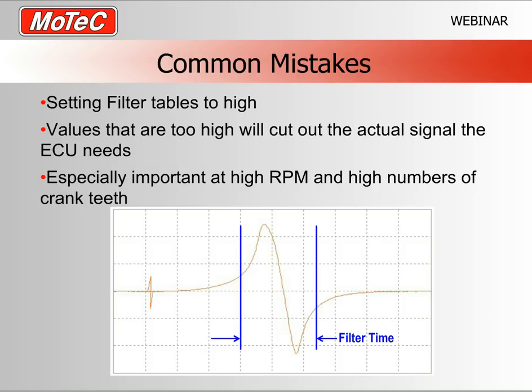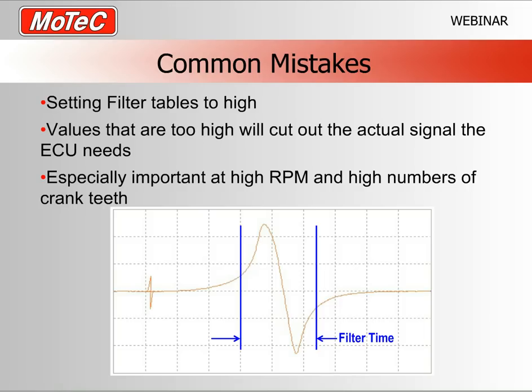Another common one is setting the filter time too long. If the filter time's too long, the ECU filters out my ref pulse, sync pulse altogether. Again, the ECU doesn't have that information. If it can't see that pattern, it's going to try to match it to a ref sync mode. It simply won't work.